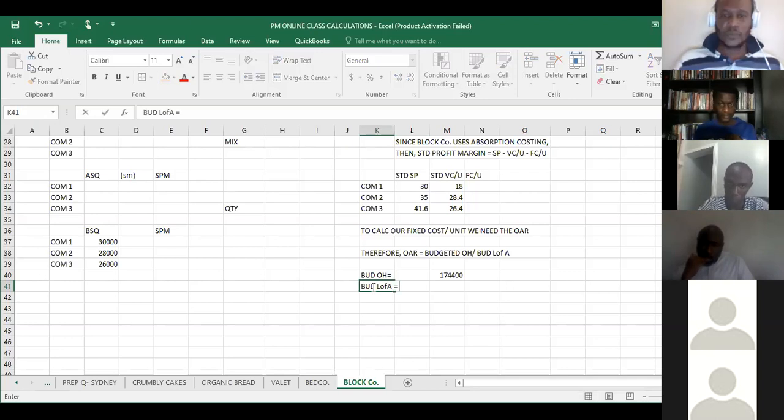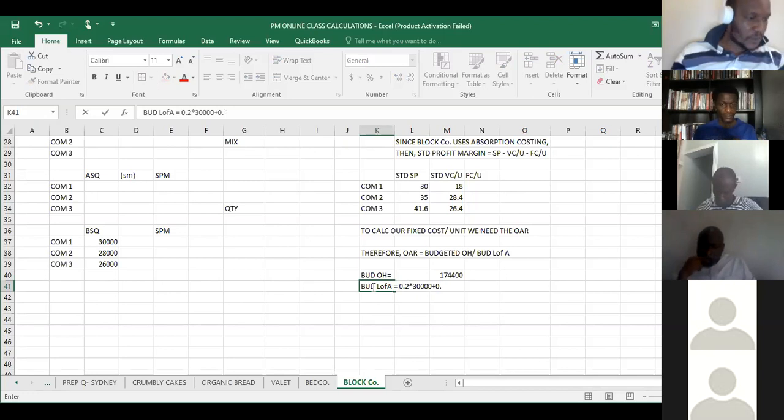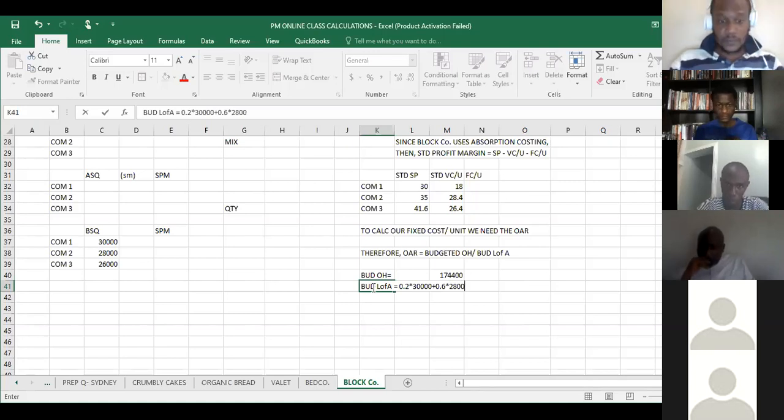So that's 0.2 multiplied by 30,000, plus 0.6 multiplied by 28,000, plus the final one, 0.8, multiplied by 26,000. All right, so we can come and put those two figures here.